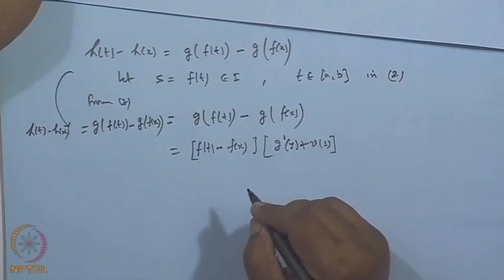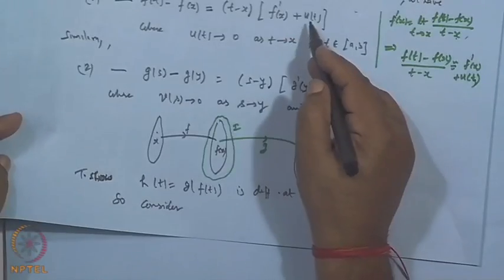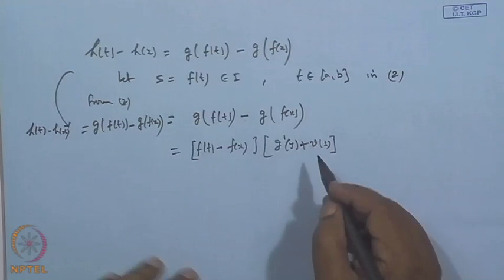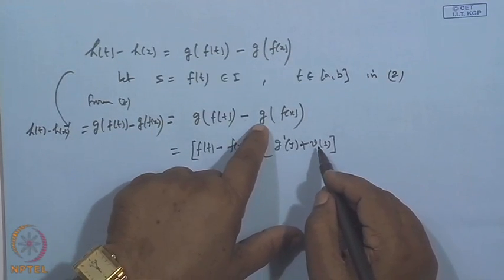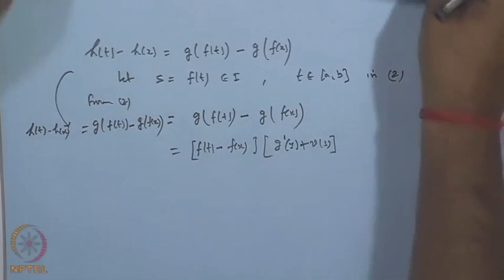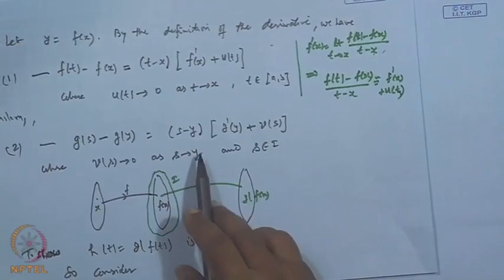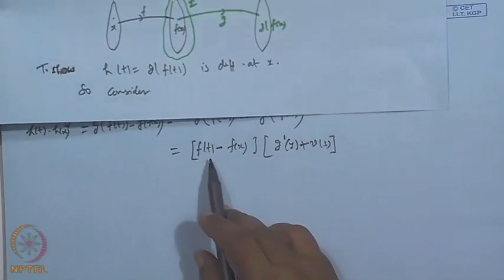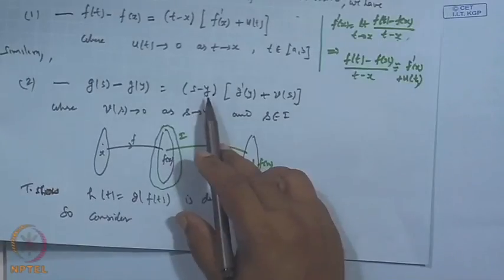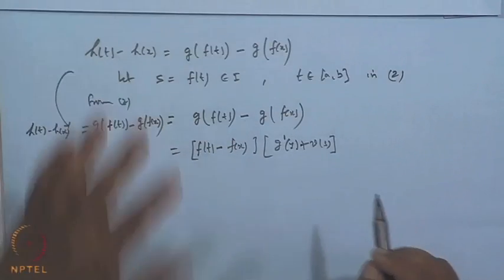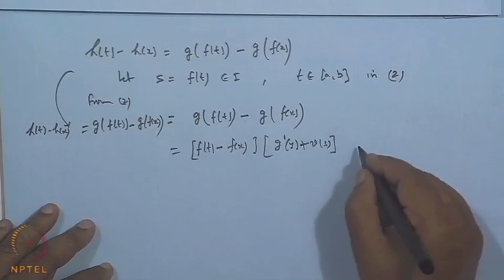Then similarly, for this g of f x, when you write the difference, s is our f t, y is equal to f x, g prime y plus v s. We get this from 2.